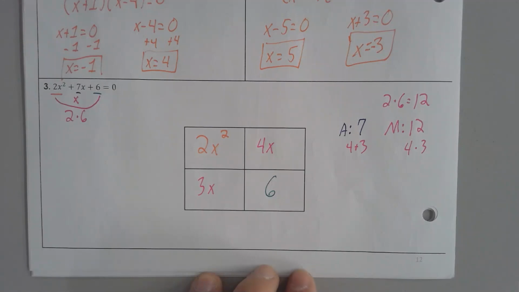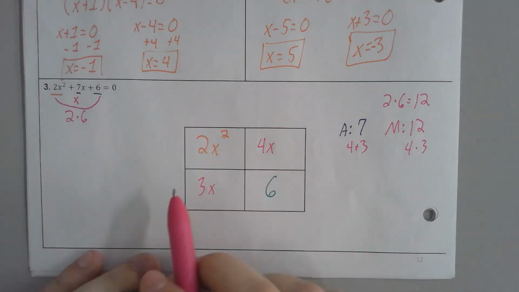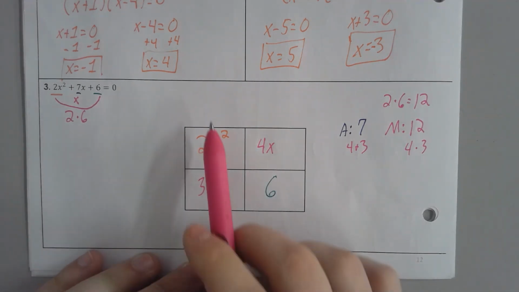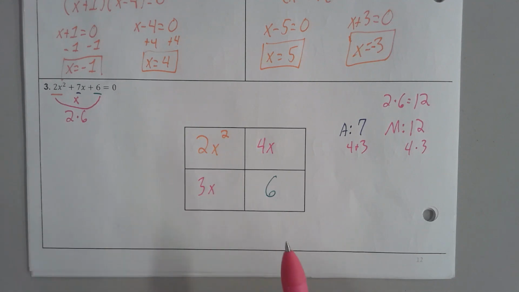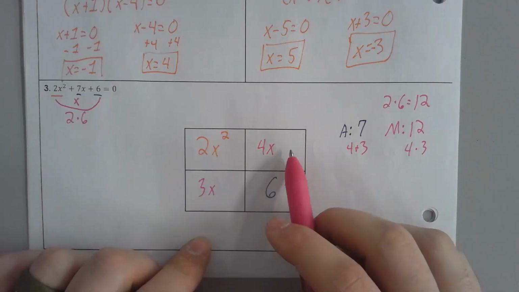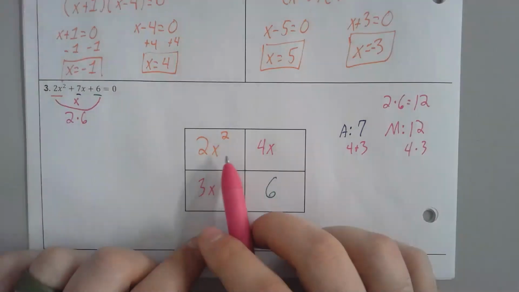So now we've got our box set up. What we do now is we're going to go across each row and across or down each column and take out the greatest common factor that we can. So if we're looking in this top row, we've got a 2x squared and a 4x.